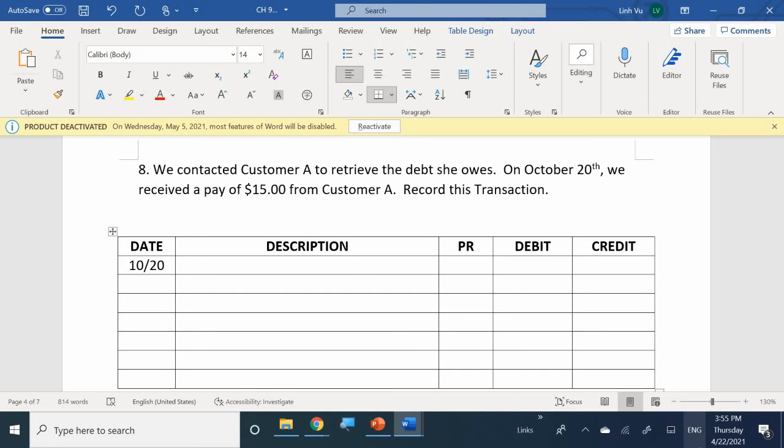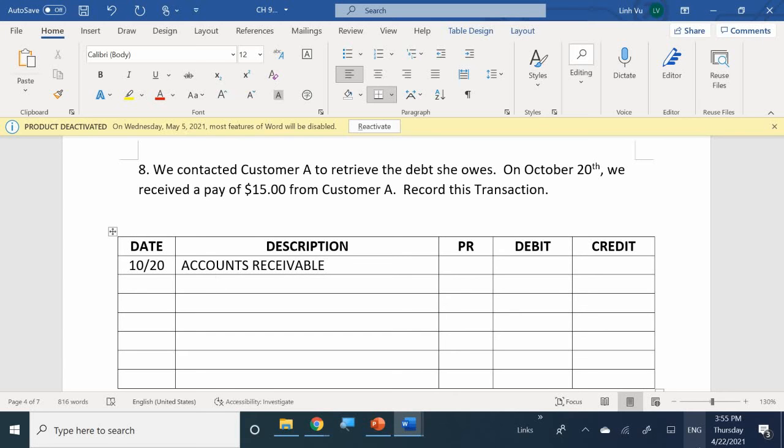In this case, we inactivated her account, so now we're reactivating it. So we have to put all the money back. It may have taken us this long to get $15 out of her, but if we keep progressing, she might pay for the whole thing. We don't know. So we're going to drop the money right back into the accounts receivable.